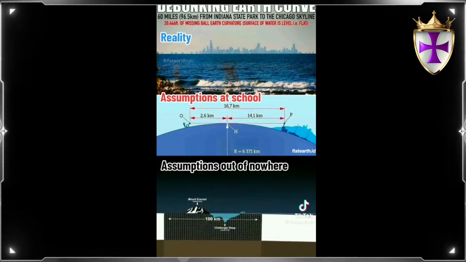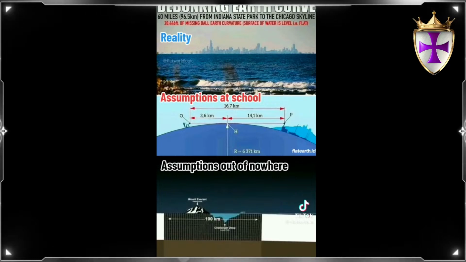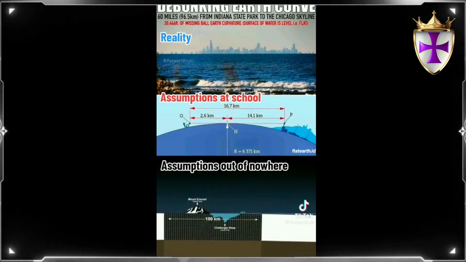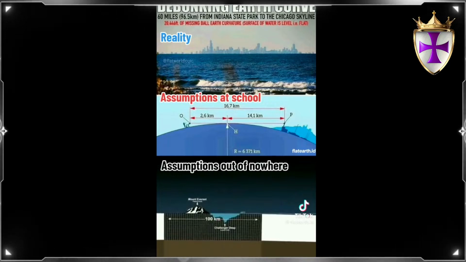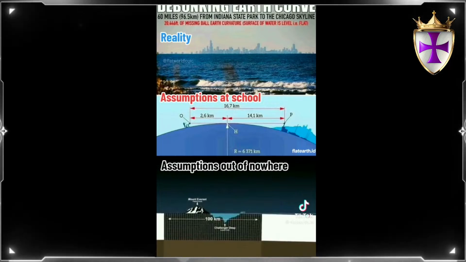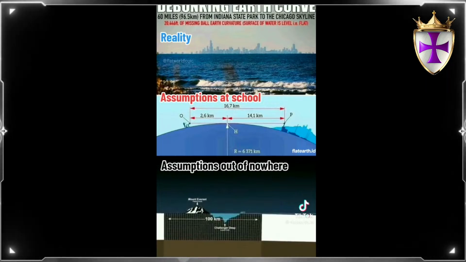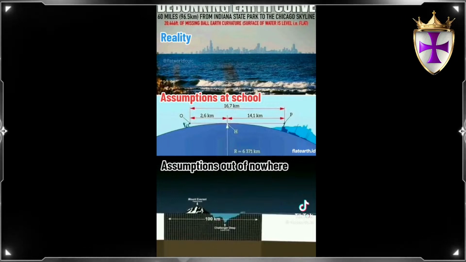Now, of course, you can't see the bottom of the city there. I've never been to Chicago myself, but from what I'm told, the city itself is not right on the shoreline of the lake. There are sort of hills and things like that in between. And to be fair, if there is any kind of curvature, it's much more subtle than that of a globe.